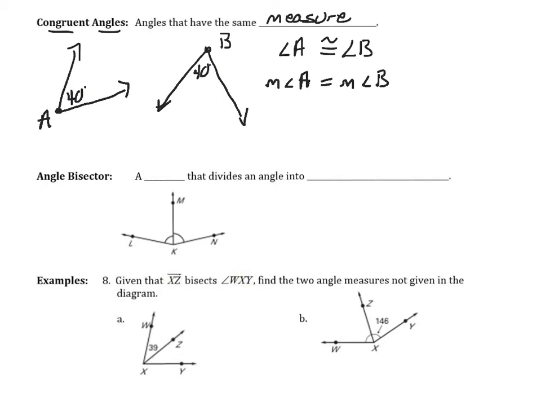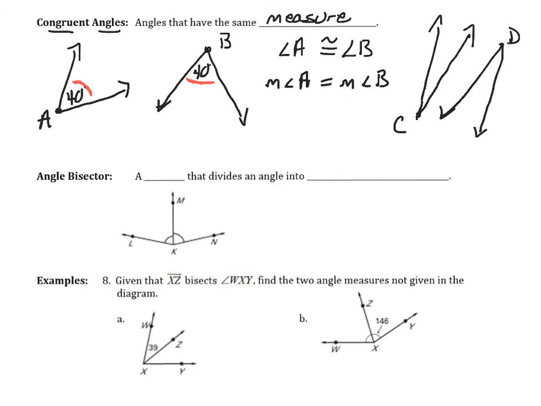Now, in order to show that in my pictures, I would include a little arc like this that would tell me immediately that these two angles are congruent. Now, let's say in my picture I have other angles as well. Let's say I have angle C off to the right and angle D as well. And let's say these two angles are also congruent to one another.